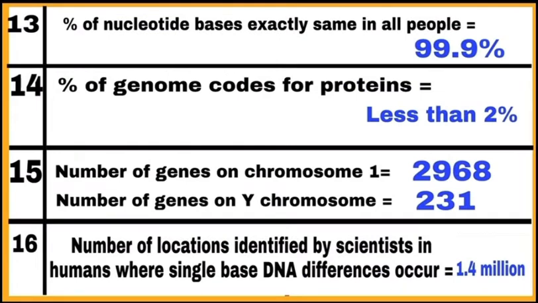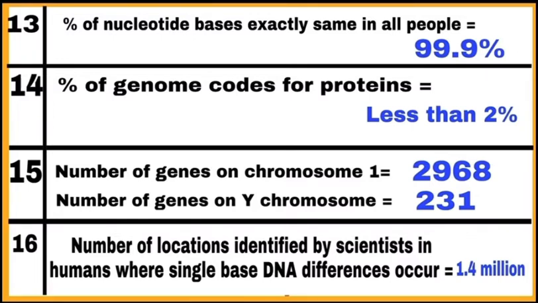Point 13. Percentage of nucleotide bases which are exactly same in all people. It is 99.9%, means almost all, that is 99.9% of nucleotide bases are exactly same in all people. Point 14.